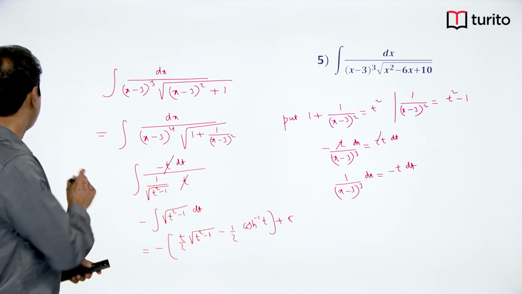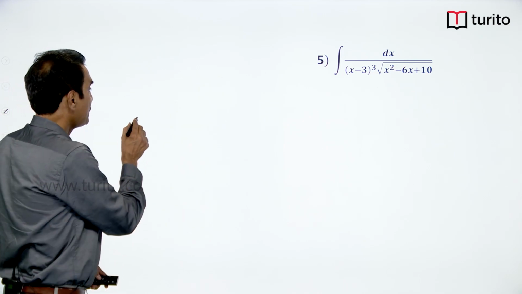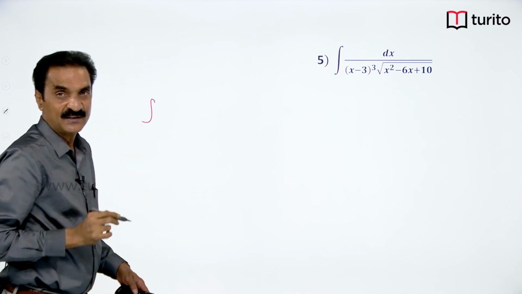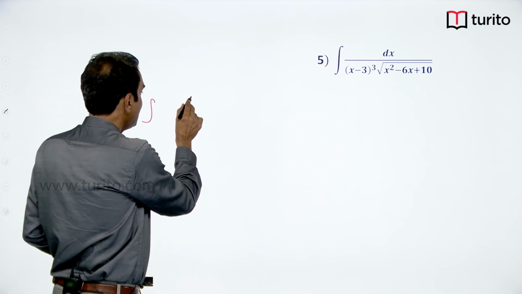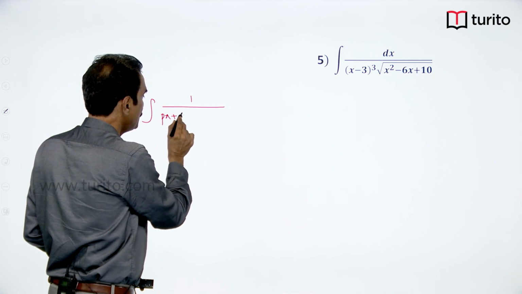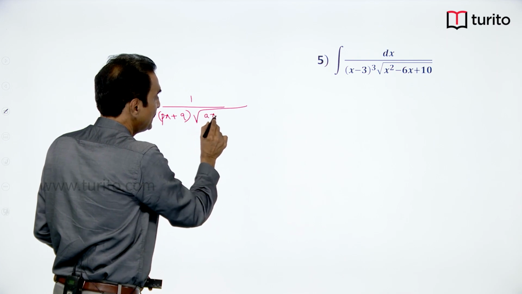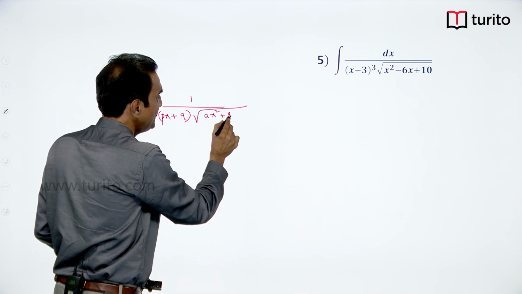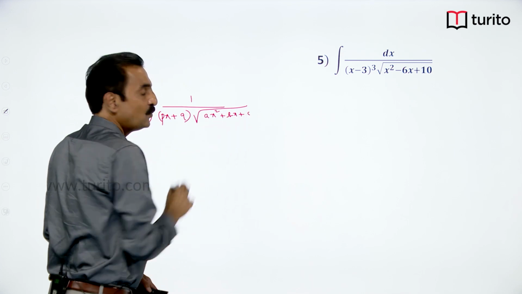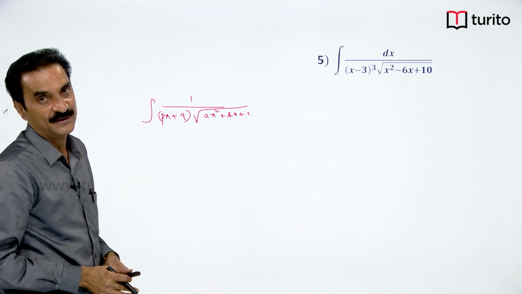You can also try in another way. We have discussed the standard substitution. If the integral is 1 by (px plus q) into root over ax square plus bx plus c, what is the method? We will put px plus q is equal to 1 by t.